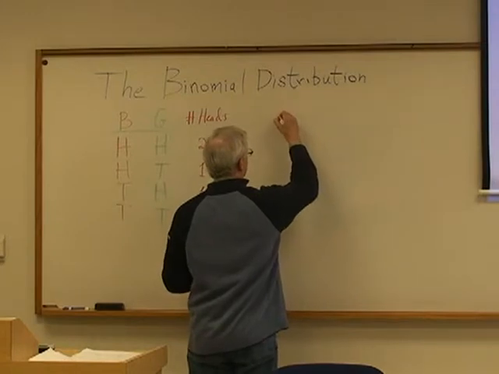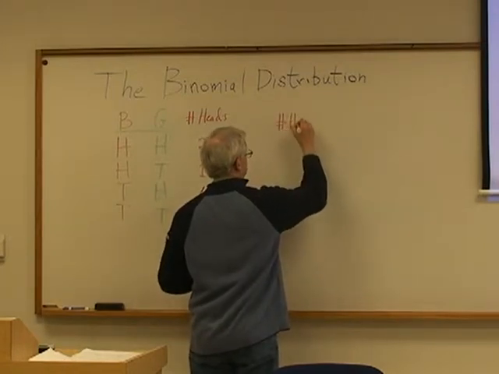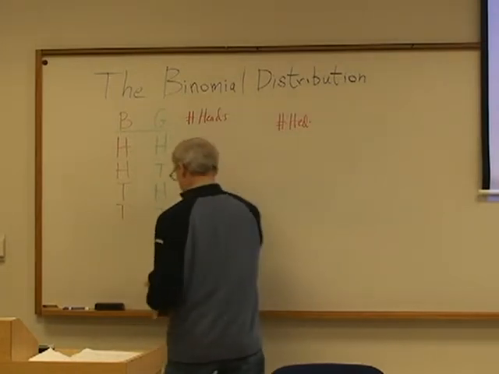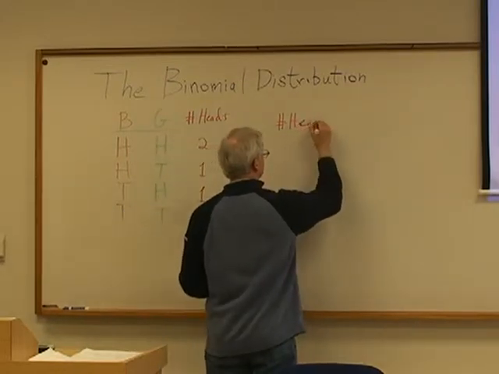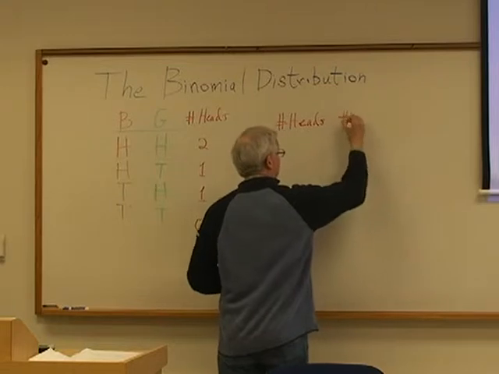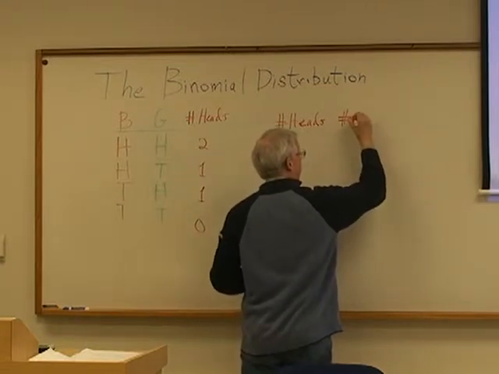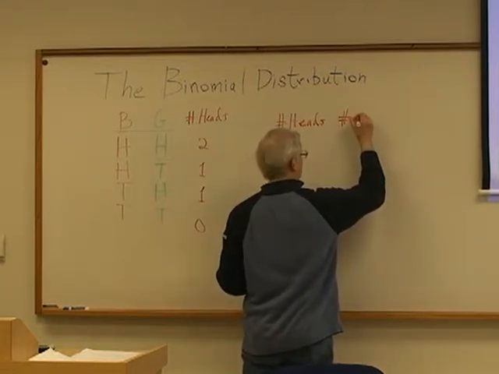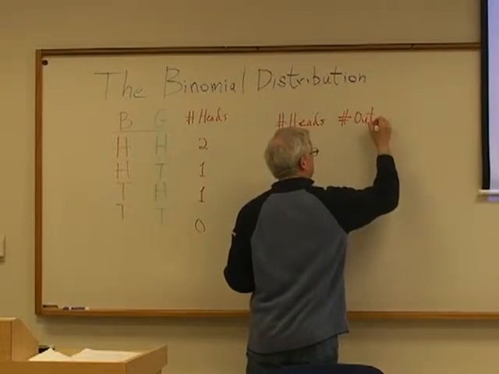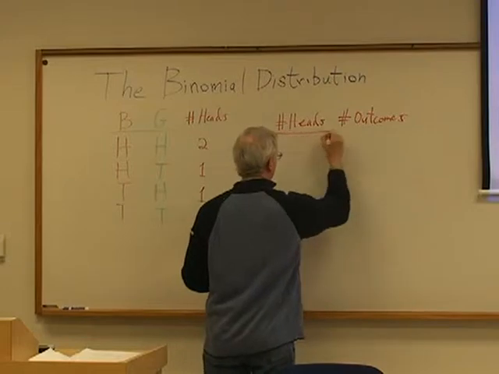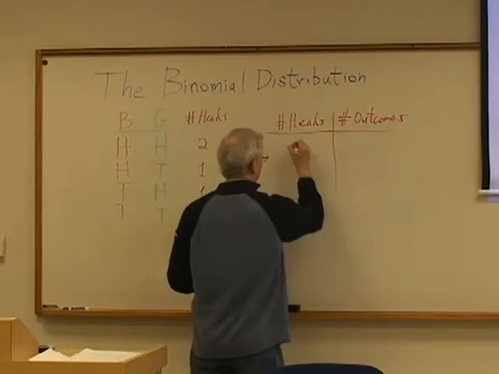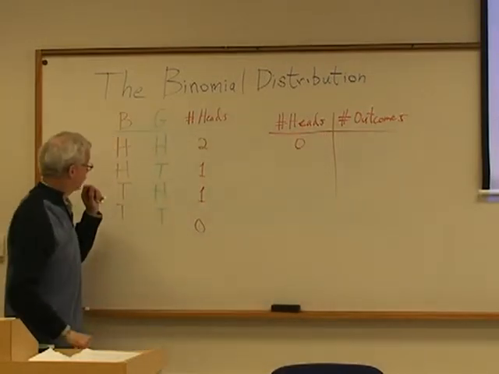So we can make a little table then of two things. The number of heads, and the number of ways, or the number of patterns, or the number of outcomes that contain that value. So if I start out with no heads, how many different patterns have no heads?